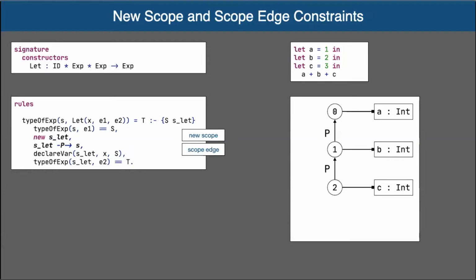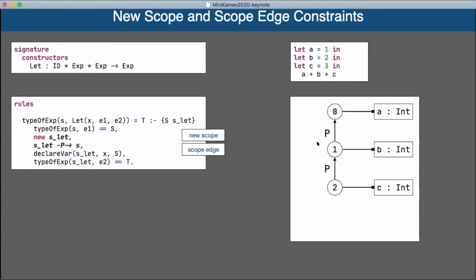So here we have a let binding, and a let binding introduces a variable, the initializer expression, and the body of the let. And how we want to represent this is as a scope graph that says that from the inner scope we can see bindings in the outer scope.